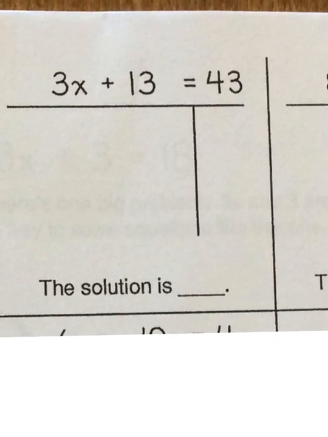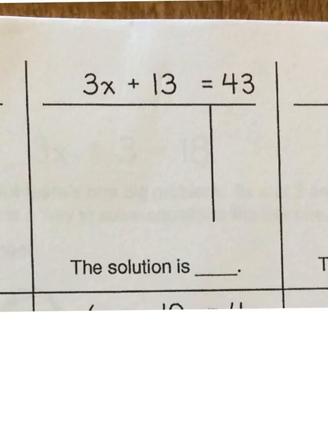So over here, let's take a look at this one. It's kind of like a puzzle. You're really just saying some number times 3 plus 13 has got to be 43. So what would that number be? Well, if you're not sure, we can do the algebra part where you just subtract 13 from both sides of the equation.